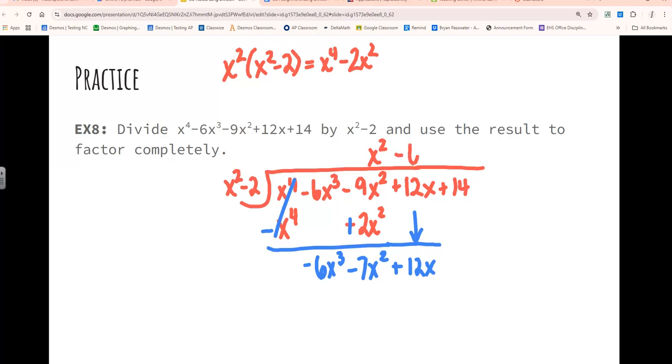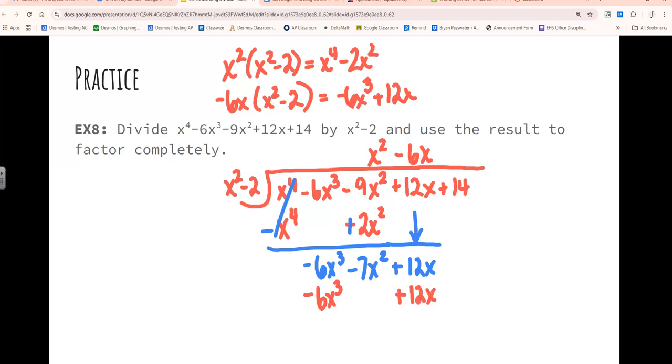So it's a negative 6x. Negative 6x times x squared minus 2 is going to be negative 6x cubed plus 12x. So that goes here, negative 6x cubed. The plus 12x goes right here, because you got to line it up by the number of x's.